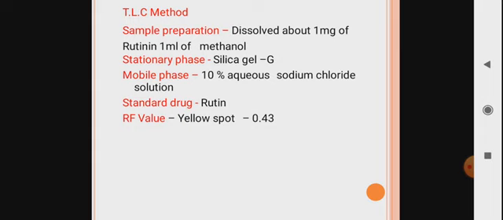Stationary phase: silica gel G. Mobile phase: 10% aqueous sodium chloride solution. Use standard drug rutin; RF value is yellow spot 0.43. This is about the details of the TLC method.